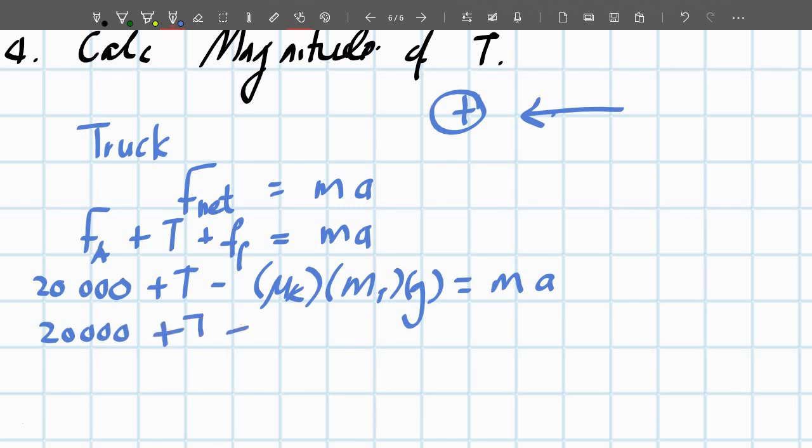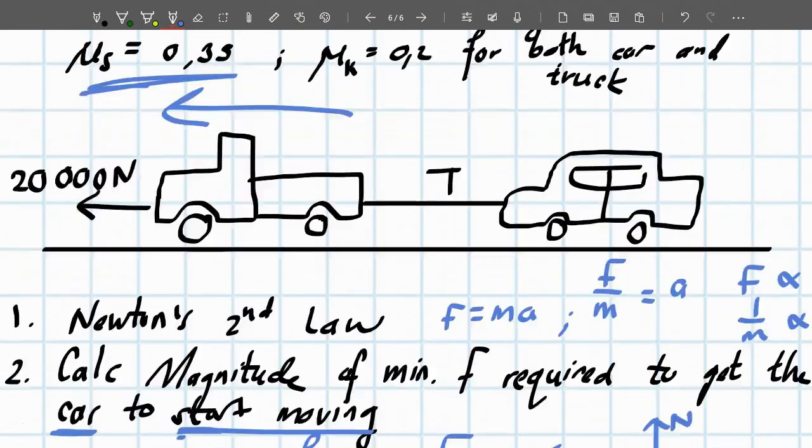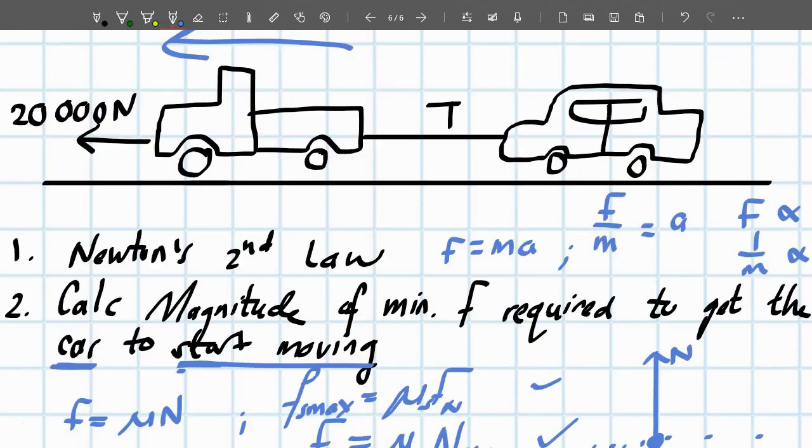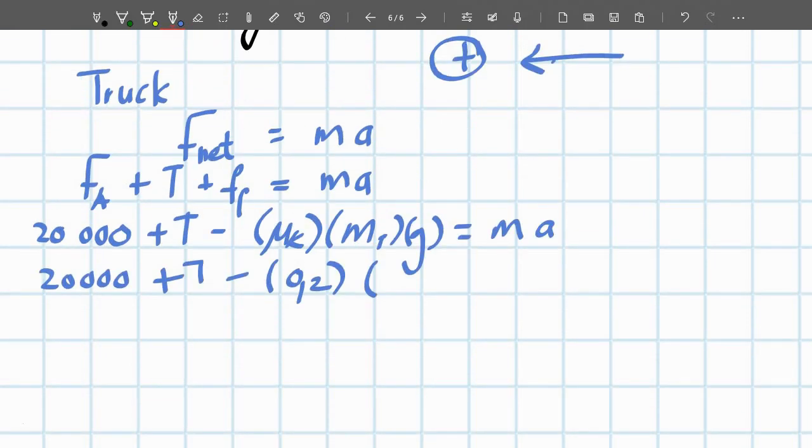20,000 plus tension minus coefficient of kinetic friction, so it was 0.2, the mass of the truck was given as 2,100. So go back here. 2,100. And your gravitational force 9.8.